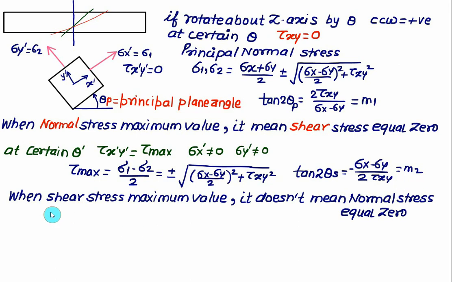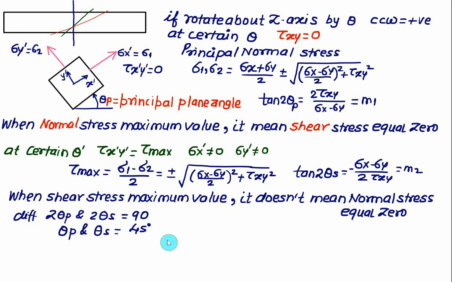So the difference of angle between 2 theta p and 2 theta s is always equal to 90 degrees. Or we can say the difference between theta p and theta s is always equal to 45 degrees. So if you know the principal plane, then you can calculate theta s just by adding 45 degrees. It can be plus 45 or minus 45.